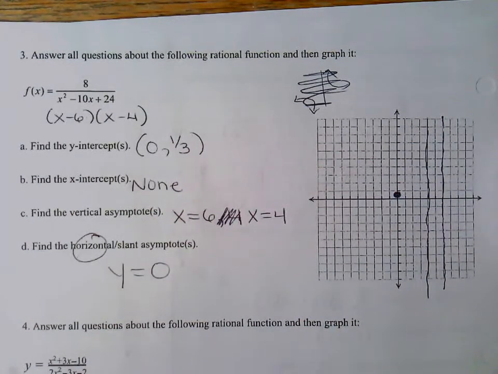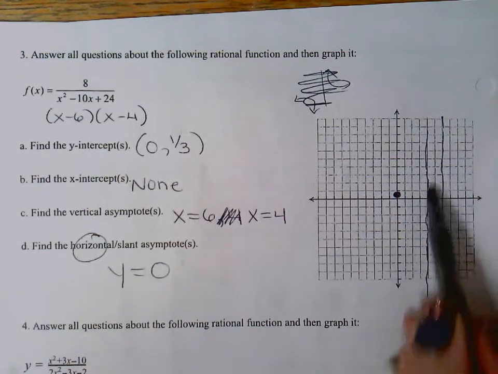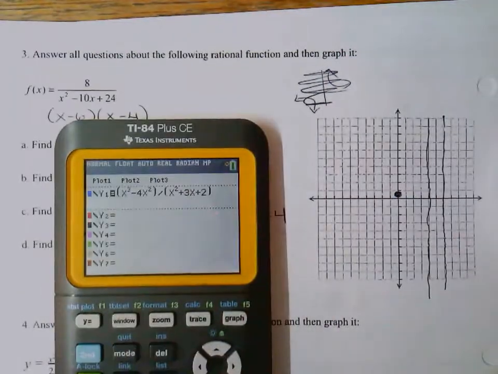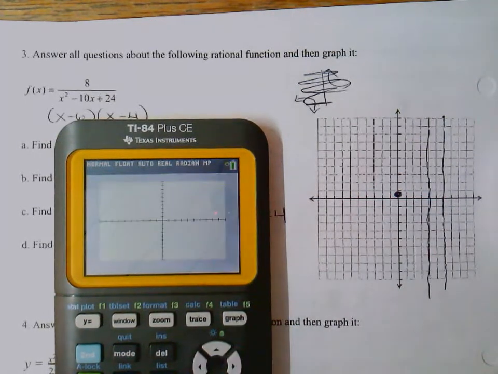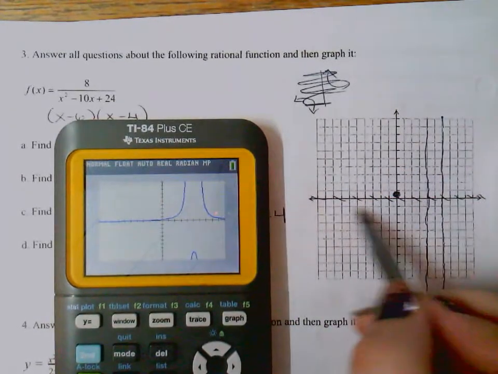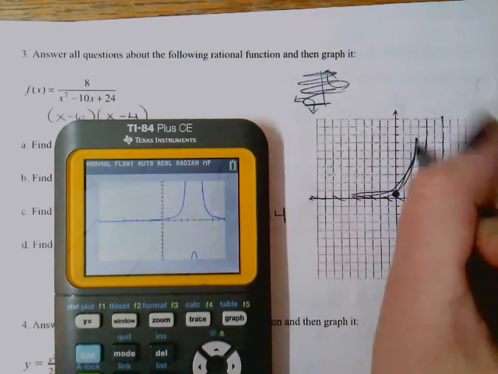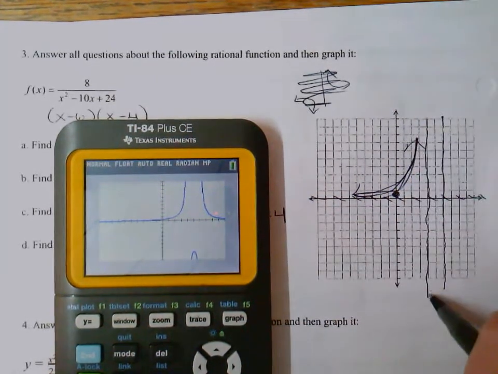Normally I would say just plug in an x value over here, but with so many different regions, this would again be a graphing calculator type question. So let's see what it looks like. Oh, remember I do have y equals 0 that I forgot to put in there. So it looks like this part goes like this through that x-intercept. And then you've got this little blip down below.